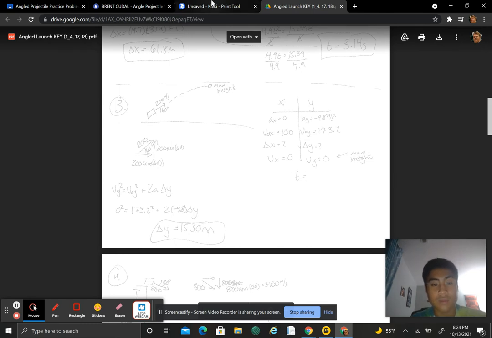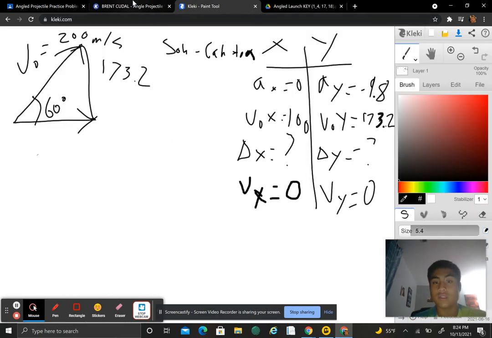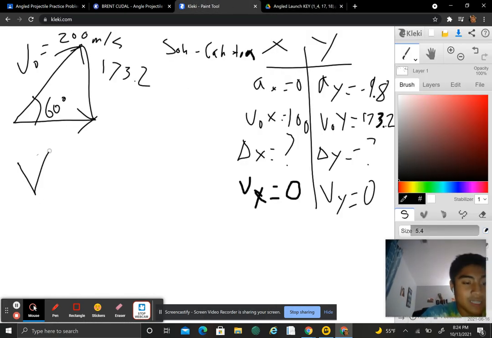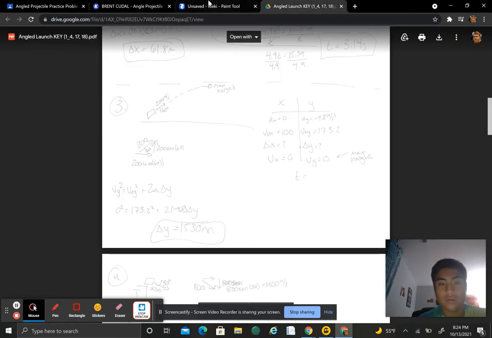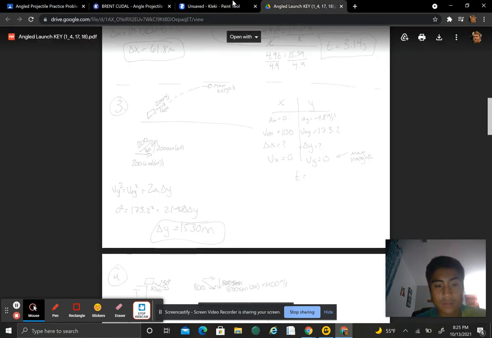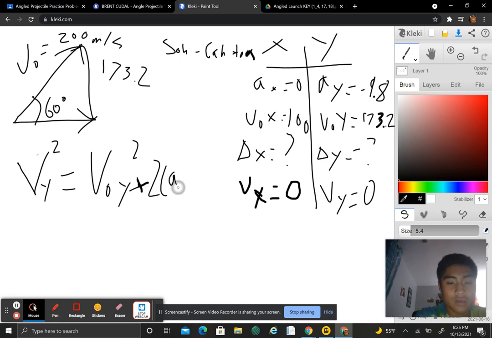Now, we can simply use the last equation to solve for delta y. We didn't even really need this, we just needed this, honestly. So, we can use the last equation, which is v squared, in this case vy squared, equal to initial v of y squared plus 2 acceleration and delta y, since that's what we're trying to find.